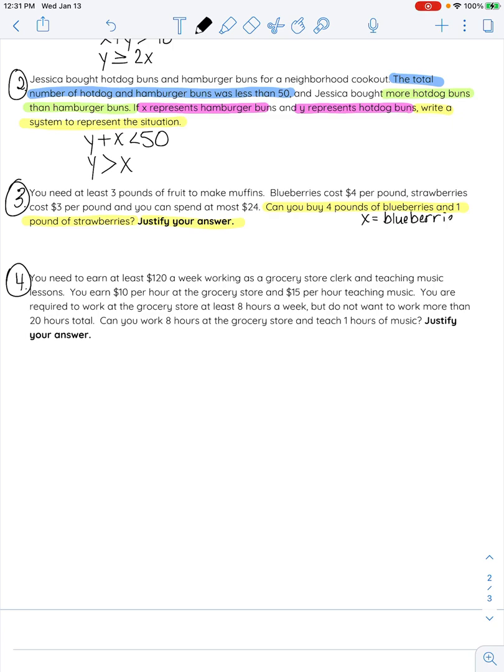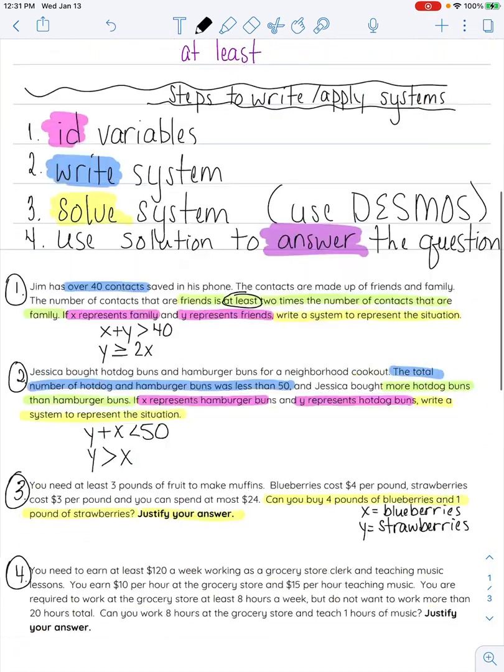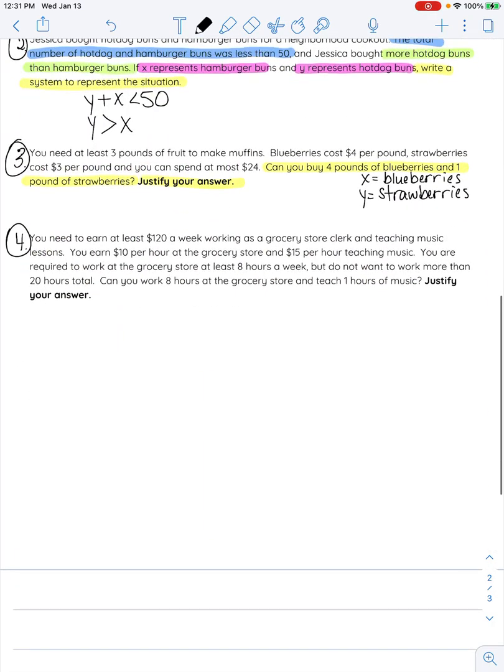I think it's the number of pounds of blueberries. And Y is the number of pounds of strawberries. So I've identified my variables. Next, I want to write my system. So now let's go back and look for a relationship.